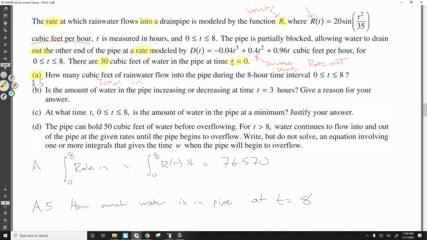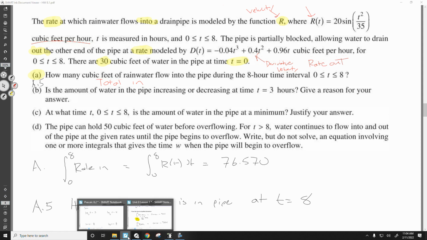I think we can assume that it's going to be the full amount. Like, it's not going to go backwards. Can we assume that? I'm not sure. That it's not going to go backwards? The rate out? No. Well, you could lose water.